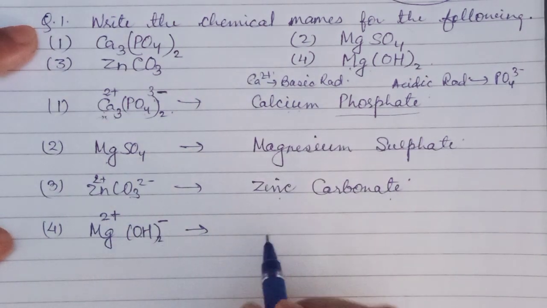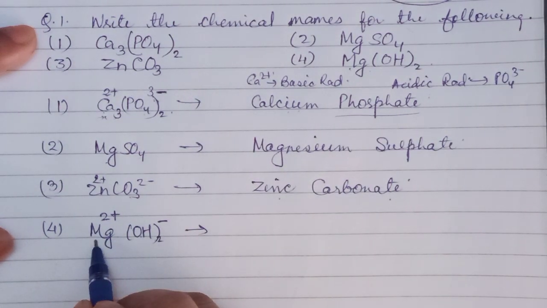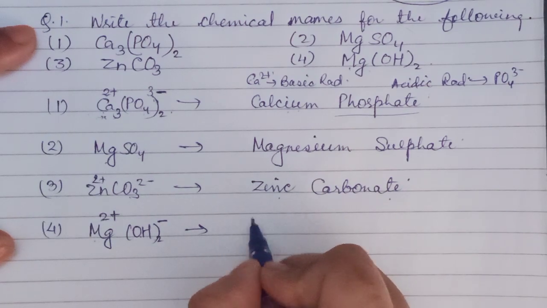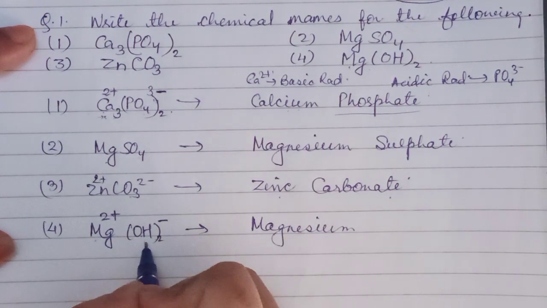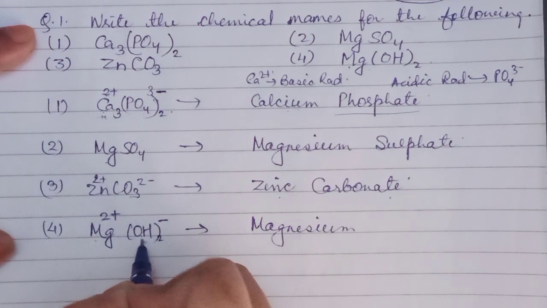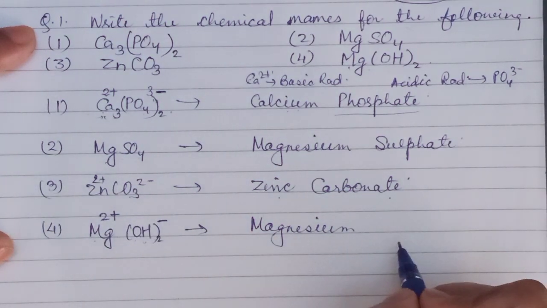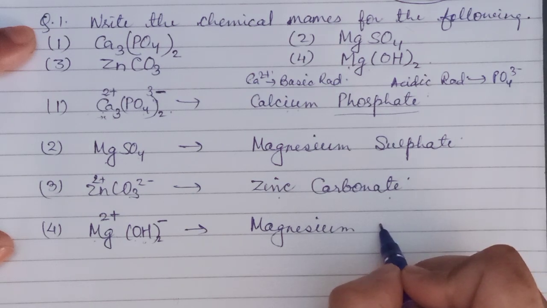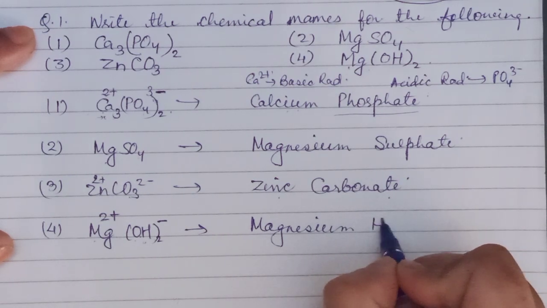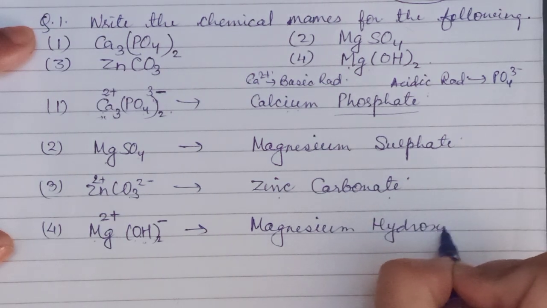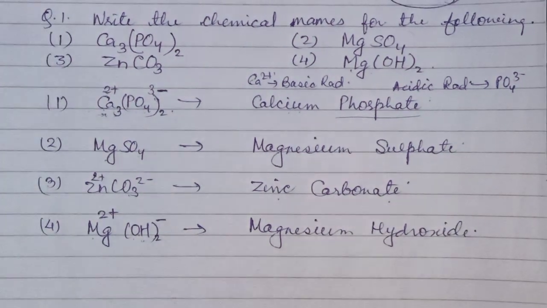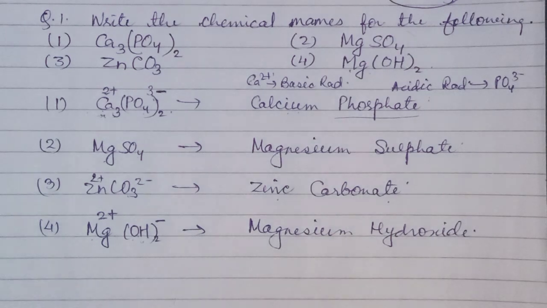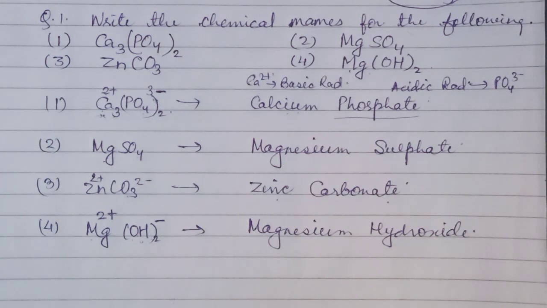Here magnesium is basic, so it is magnesium, and hydroxide, OH minus, is acidic, so you will write hydroxide. Okay, magnesium hydroxide. Now children, I will give you some assignment based on this chemical name and chemical formula.